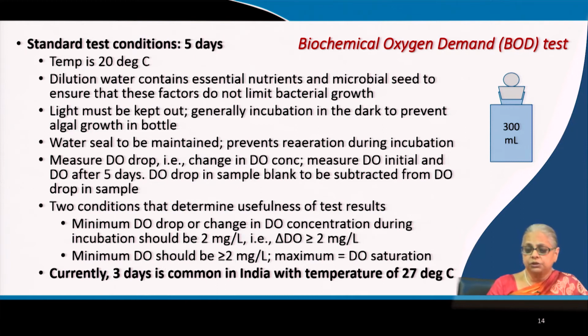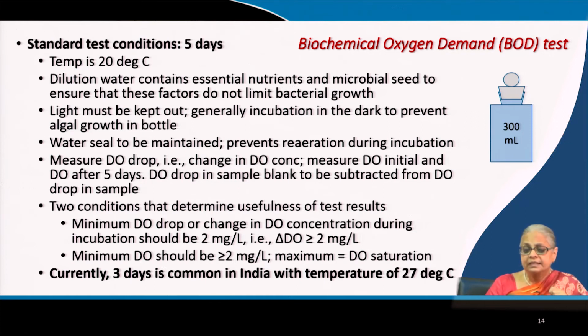So you have a measure of the initial DO and the final DO. Now DO these days can be measured in many different ways. There are titrimetric methods, there are electrode sensor based methods, and we also have spectrophotometric methods. So there are several methods that can be used for measuring DO concentration.